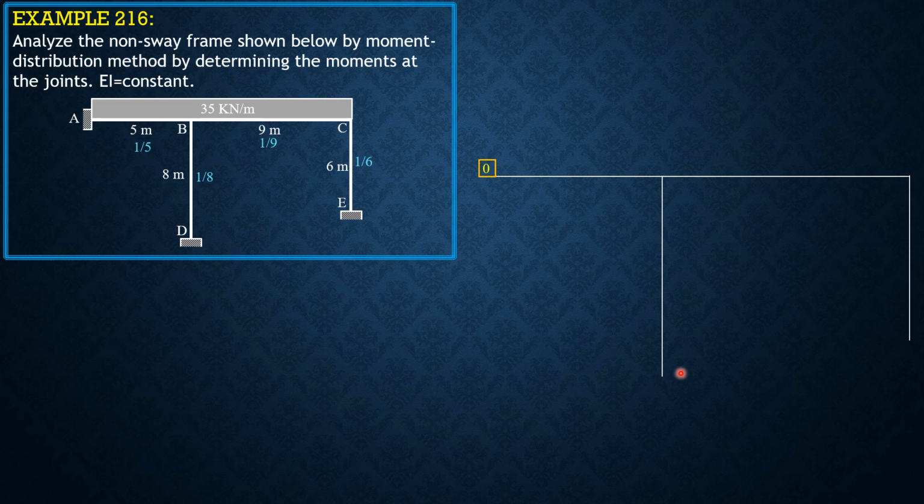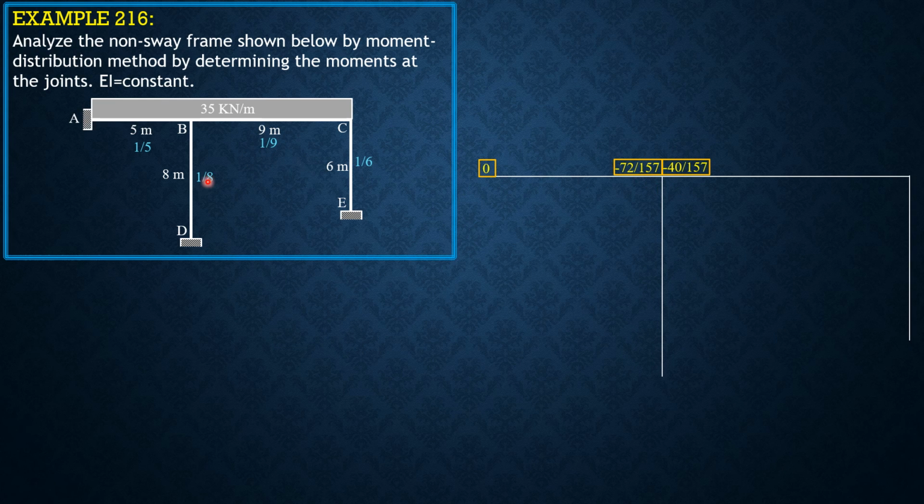Then for D and E, zeros. Here, it's negative 1 over 5 divided by quantity 1 over 5 plus 1 over 9 plus 1 over 8. So we have negative 72 over 157. Replacing 1 over 5 by 1 over 9 in your calculator, negative 40 over 157.